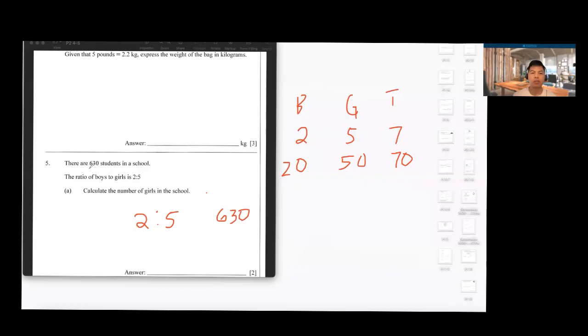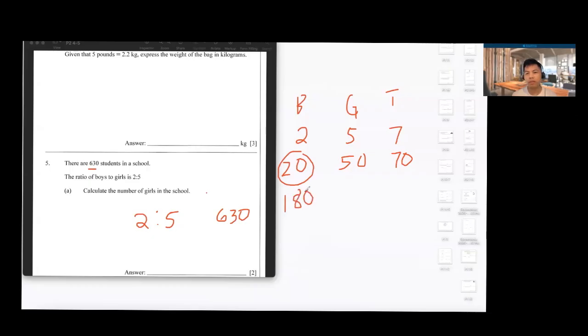Now it says there are 630 students. So I think we have to multiply this by what? 7. Would you divide 630 by 7? Yeah, we have to divide 630 by 7. So 9. So if I multiply this by 9, what is that? That's 180, right?